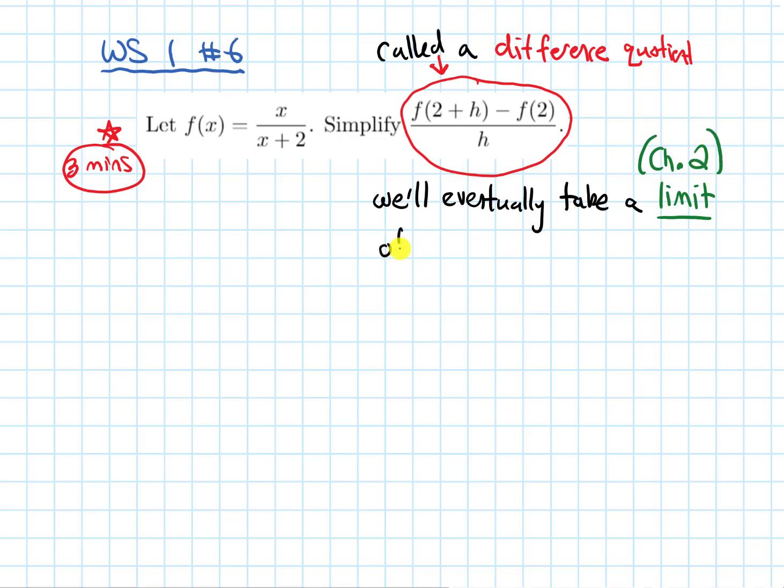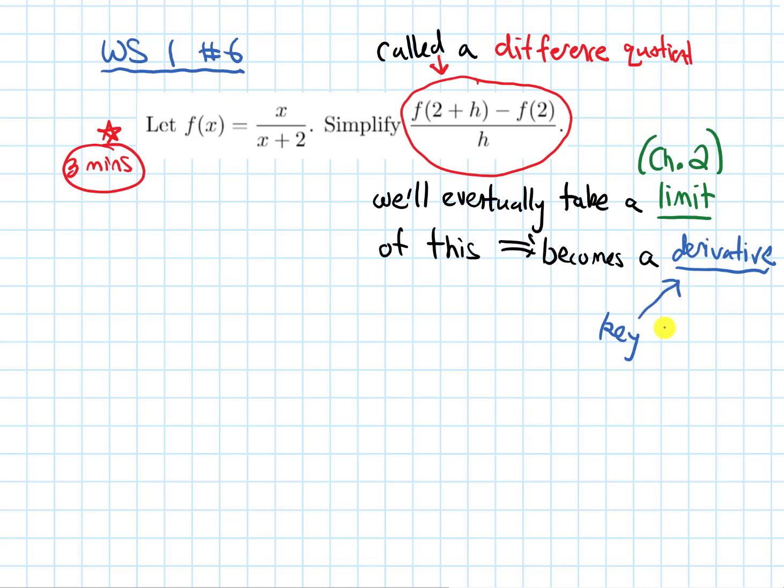We'll take a limit of this. And when we do that, it becomes what's called a derivative. And a derivative is one of the foundational topics from this class. This is going to be a key idea in our class in Calc 1.